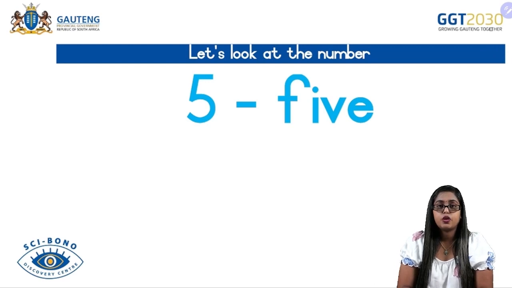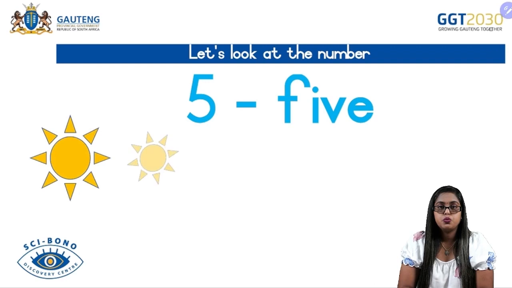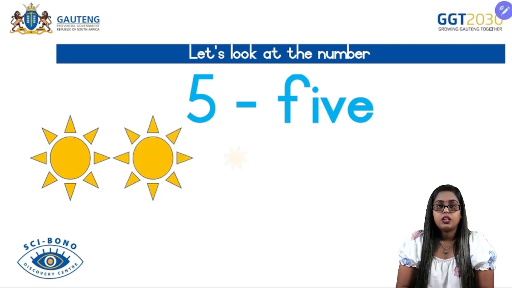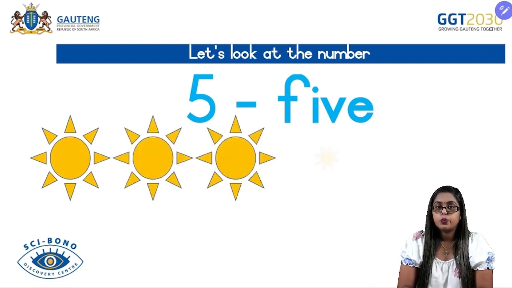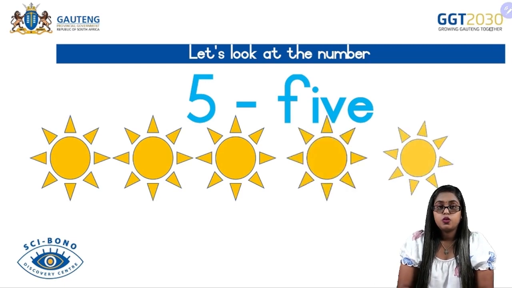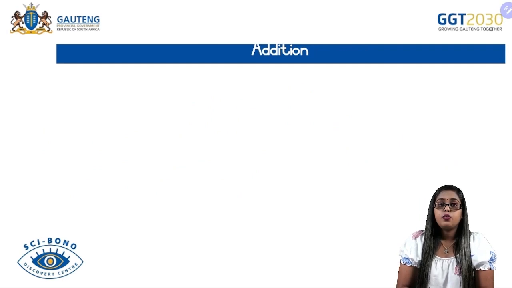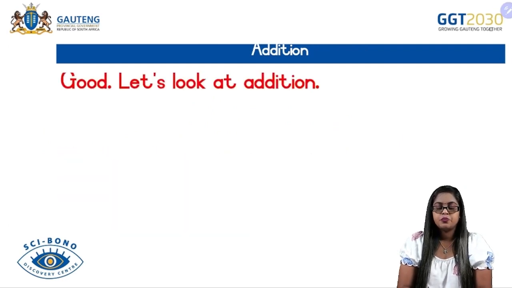Let's count out 5 objects. 1, 2, 3, 4, 5. Do you know what this is? This is a picture of a sun. The sun rises in the morning and sets in the afternoon. Very good. So now that we have looked at all our numbers, let us start with addition.